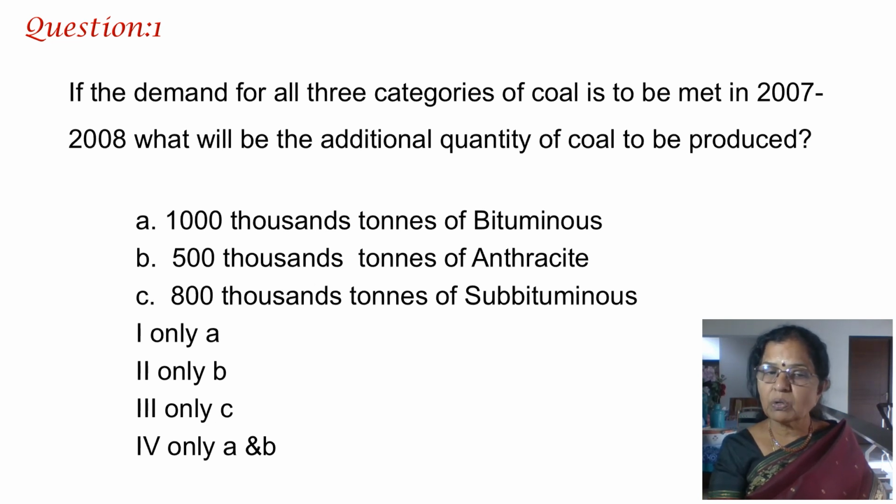But in this case, you have to pick out whether A is correct or B is correct or C is correct. Or if both are correct or all the 3 are correct, then pick out number 1, 2, 3, 4 options. So be careful in reading the question. Don't jump into conclusions and mark the answers.